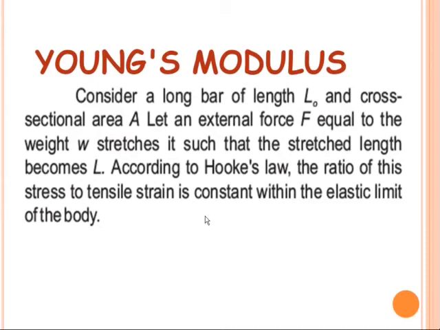A force F equal to its weight is applied on it and it stretches that bar to length L. According to Hooke's law, the ratio of this stress to tensile strain is constant within the elastic limit of the body.